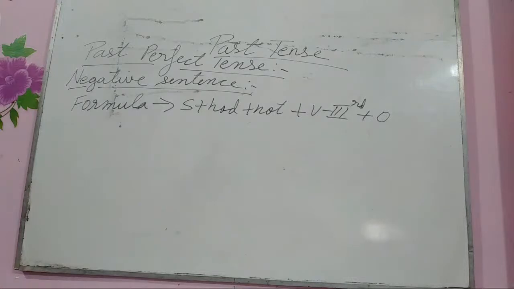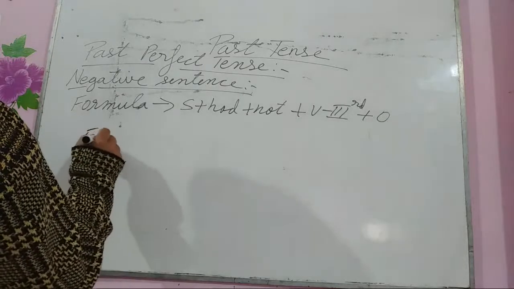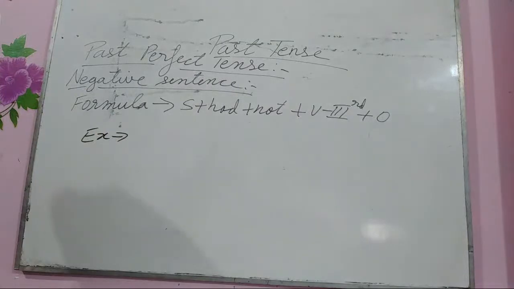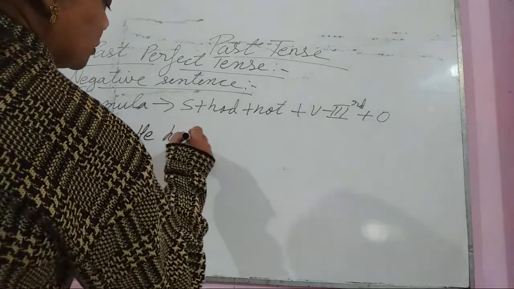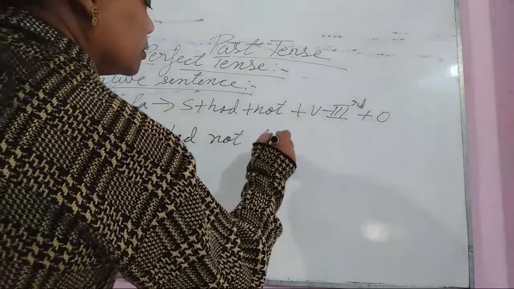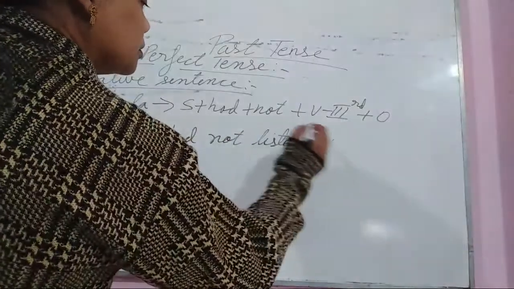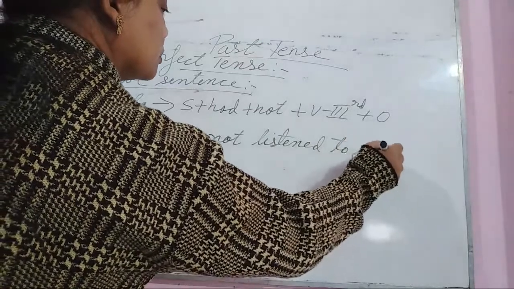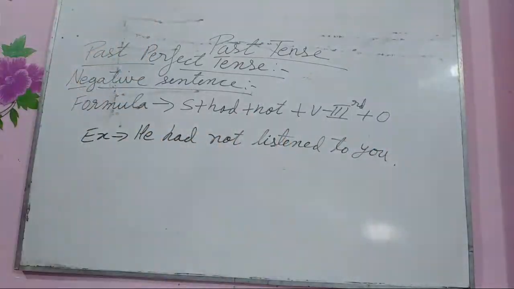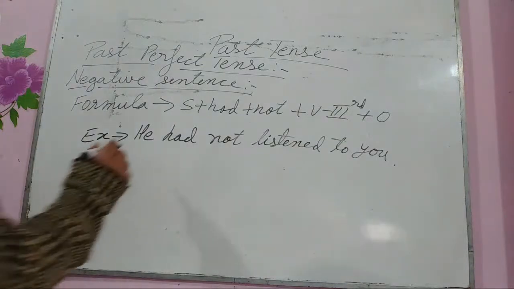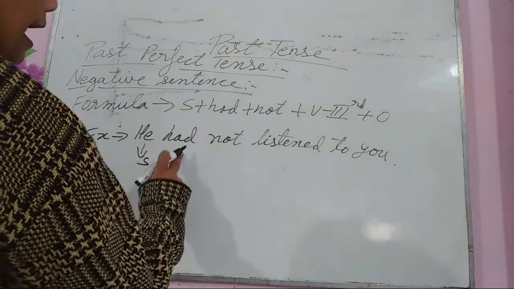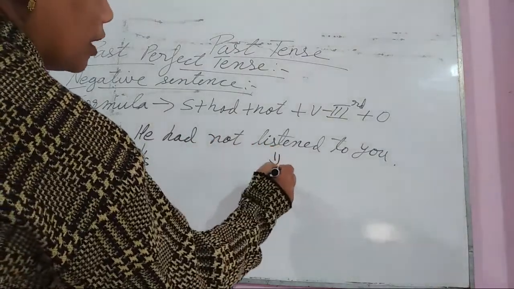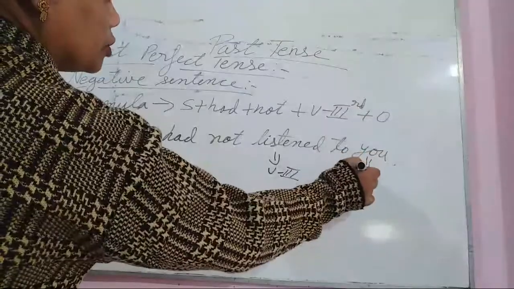Now let's see an example of negative sentence in past perfect tense. The sentence is he had not listened to you, where he is your subject, had not listened is the verb of third form, and you is your object.